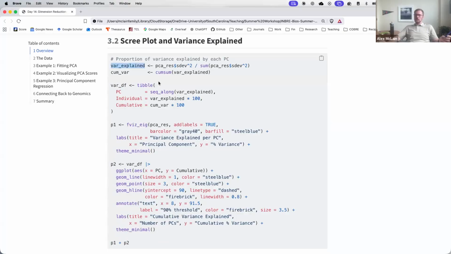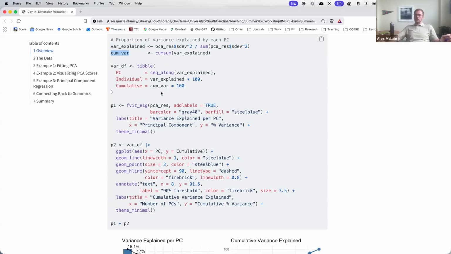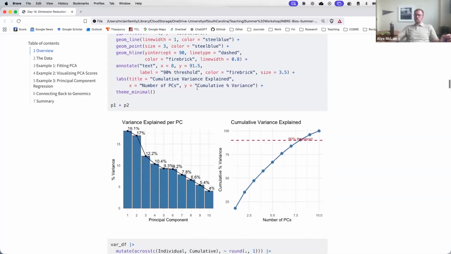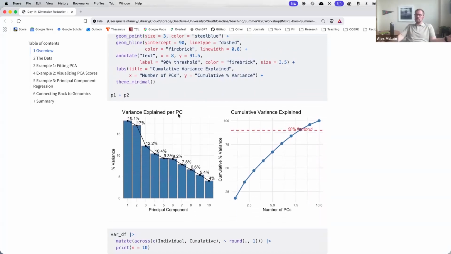So here is some code to calculate the variance explained for each variable. Here we have the cumulative variance explained, putting that into a tibble and then plotting that. On the left-hand side, we see the variance explained for each principal component. On the right-hand side, we see the cumulative amount of variance explained.